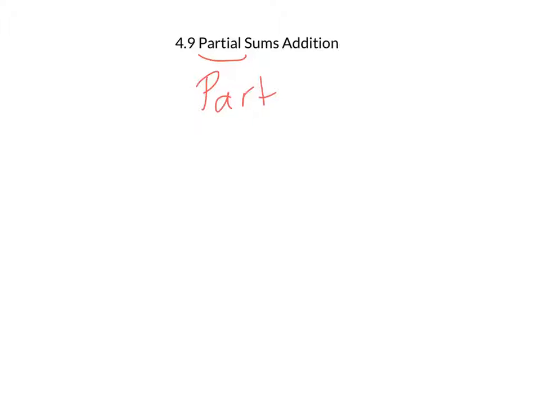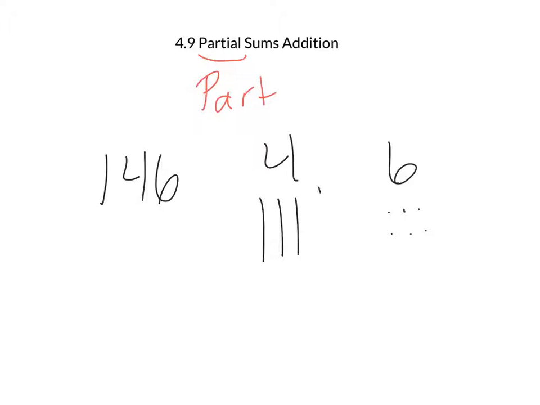To do this, you're really going to need to know your place value and how to break a number into its place values. For example, the number 146. We need to know that it's 6 ones, 4 tens, and 1 hundred.